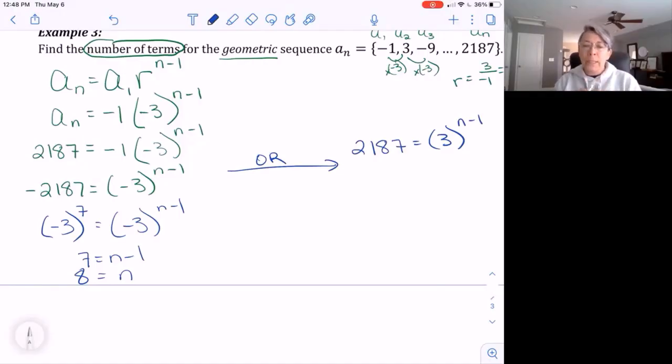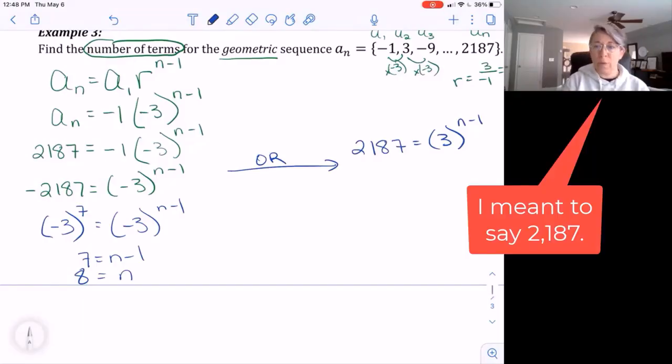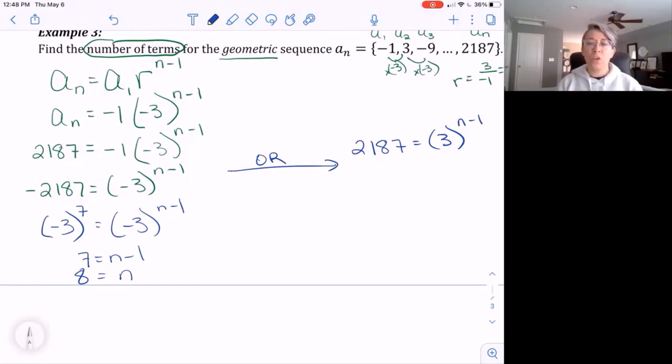We are merely looking to see what number that n could be that would give us 2187. Because remember, it oscillates. We're just looking for the n. So if you put that negative in your calculator and try to take a logarithm, you're going to get an error. So if we're just looking for that n, we would just consider this to find what that n is.